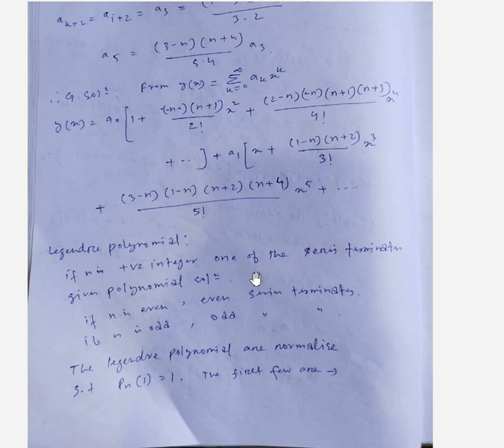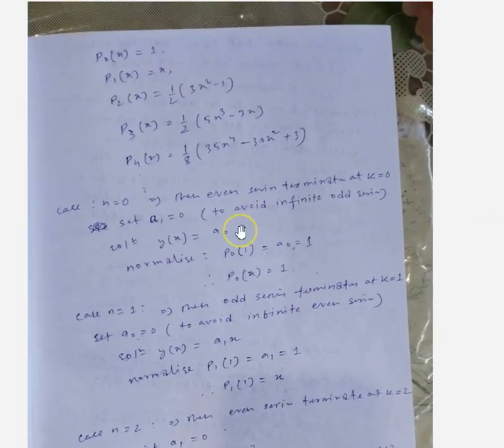Legendre polynomials are normalized: P of n of 1 is equal to 1. The first few are P of 0 is 1, P of 1 will be x, P of 2 will be half of 3x squared minus 1, and like that.